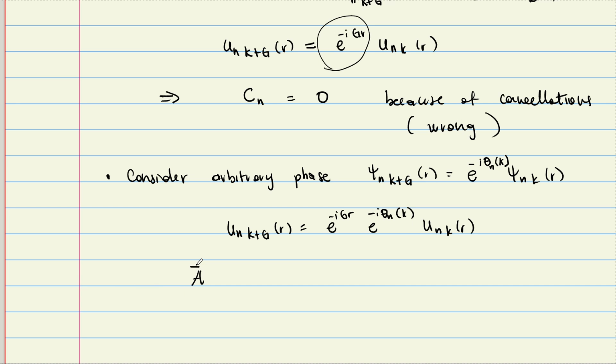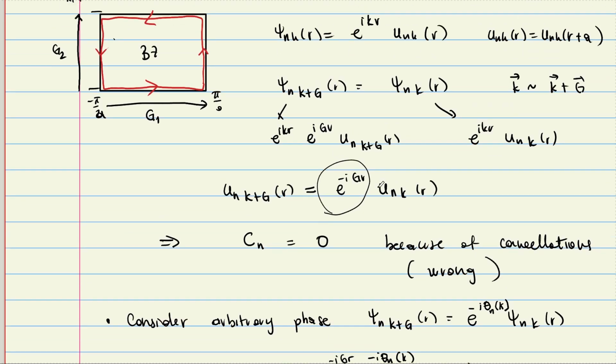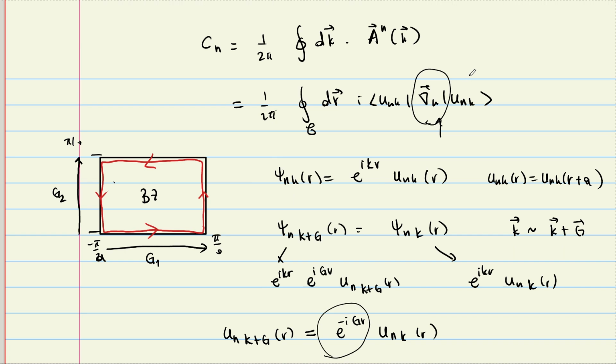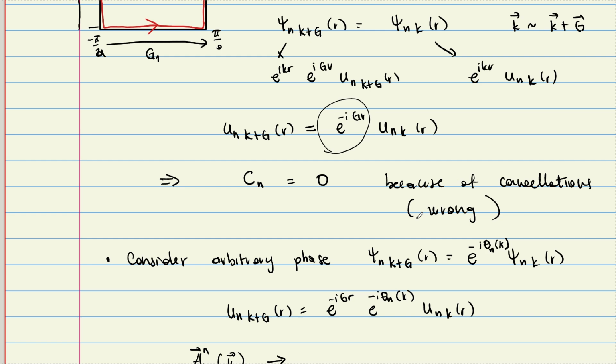So the a_n of k is going to go to, you put an additional phase, and in the expression for a there's a gradient. The gradient, this is a k gradient, can act on here or it can act on here. There will be two terms.